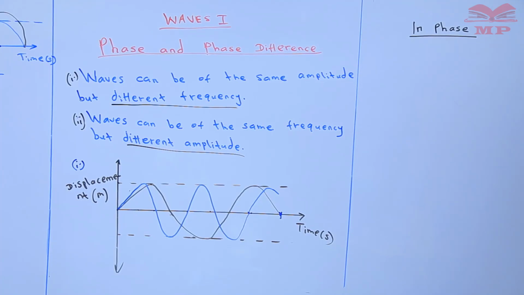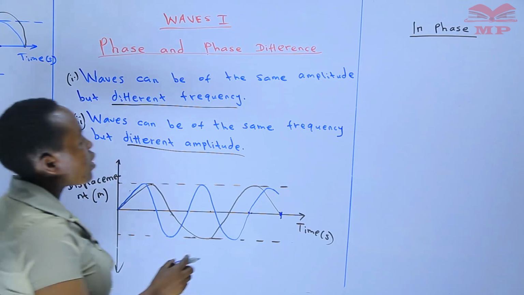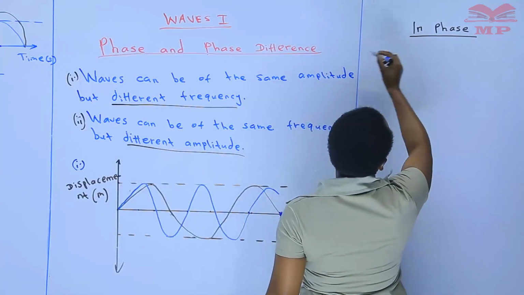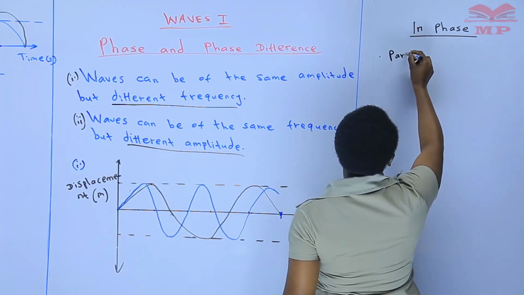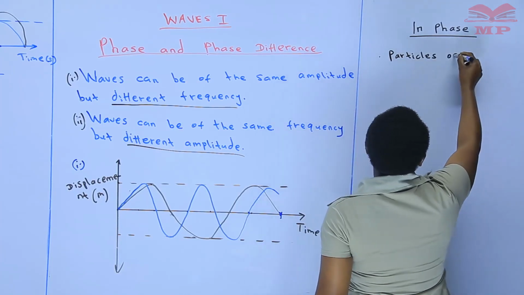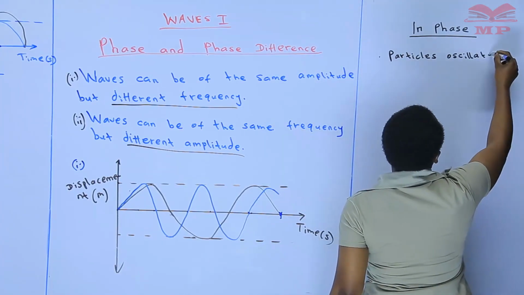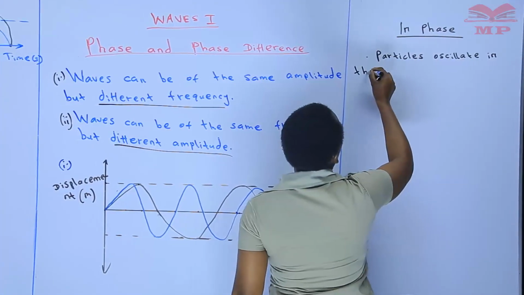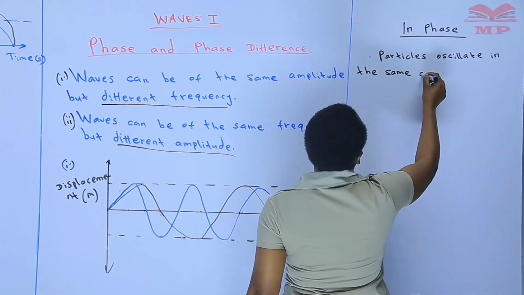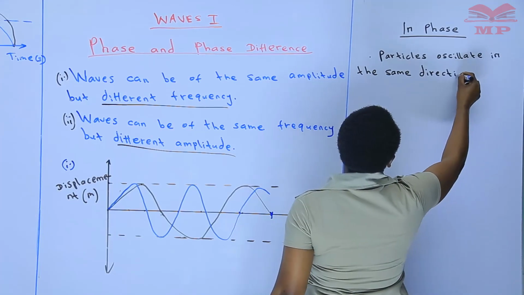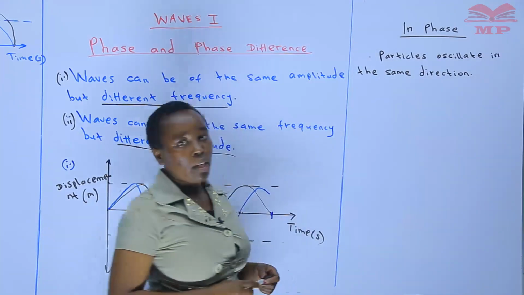So we say that a wave or waves are in phase when the particles in a wave motion oscillate in the same direction and at the same level of displacement. So when they are in phase, we are saying that the particles are oscillating in the same direction.